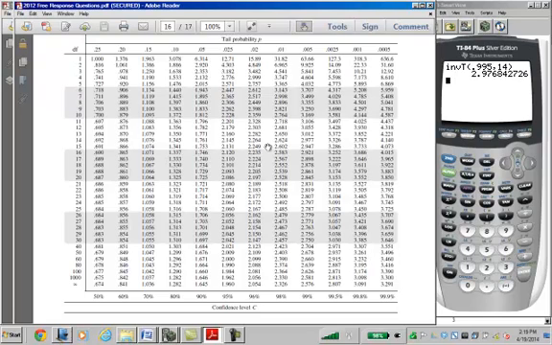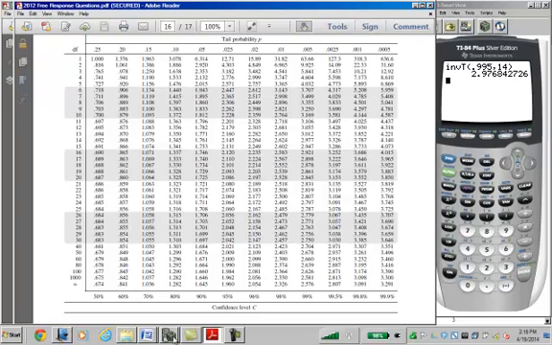Let's look at it again. 2.977. Fine. So that's exactly the same number you would have gotten from the table. You can see you got 14 degrees of freedom in the column. That is 99%. Notice in the tail, it's 0.005.